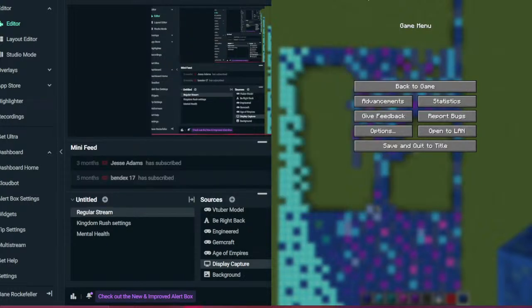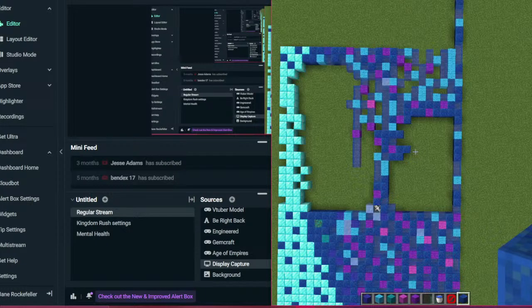Okay, so this is the Minecraft world that I've been working in. And this is what I've done so far. This is lagging like crazy.